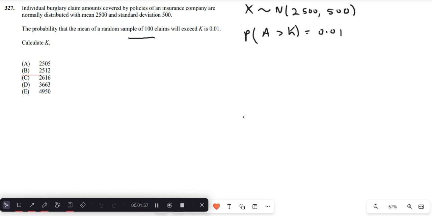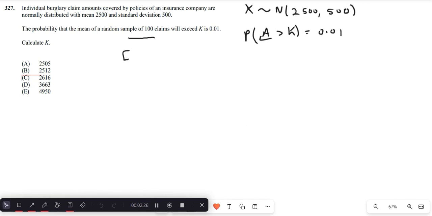Remember what A is: A is just the average of a random sample of 100 independent and identically distributed random variables, and each of those variables is normally distributed. So therefore the average of 100 of them, denoted A, is going to also be normally distributed.